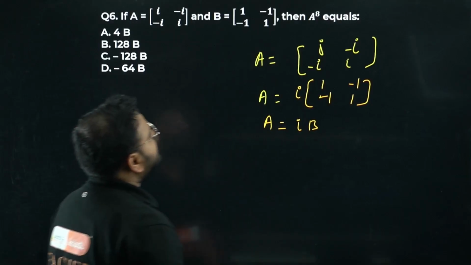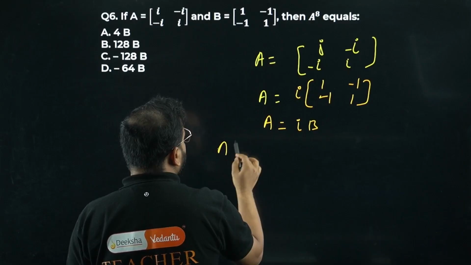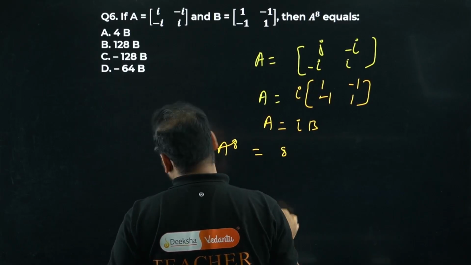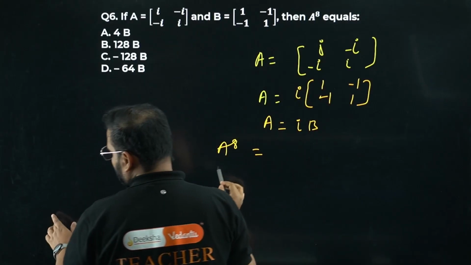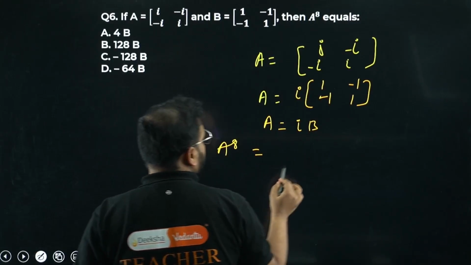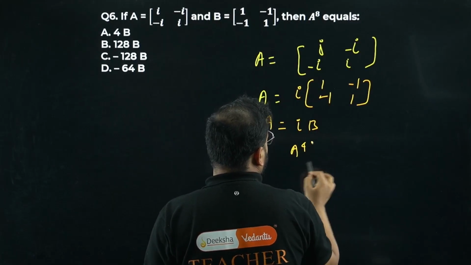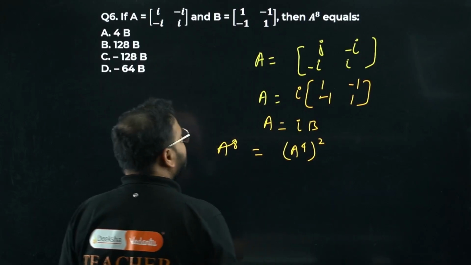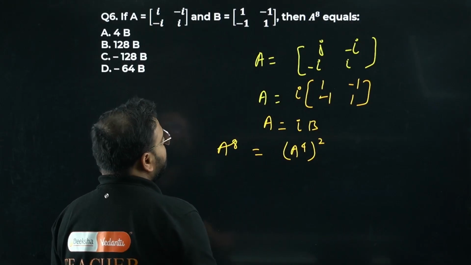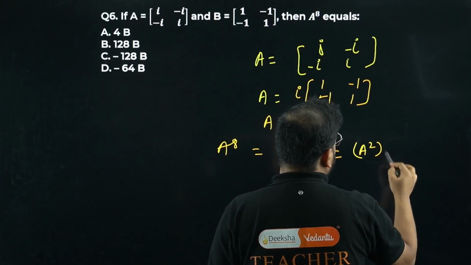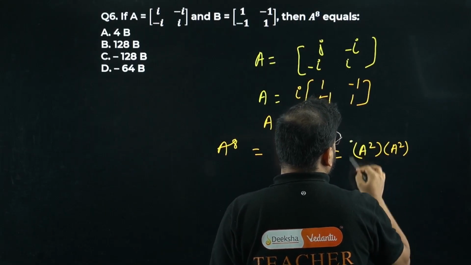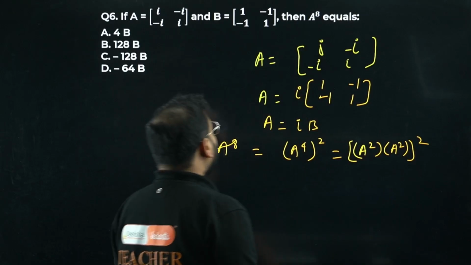Have a look. How do you write A8? You write A8 as A to the power 4, squared. So basically I can write A square into A square, this whole squared. Can you find A square once?